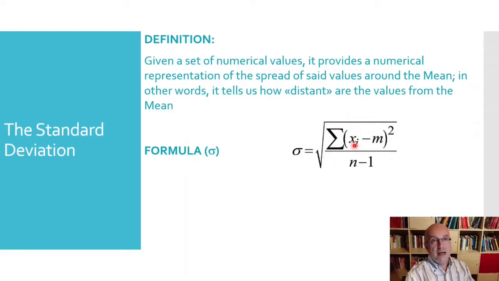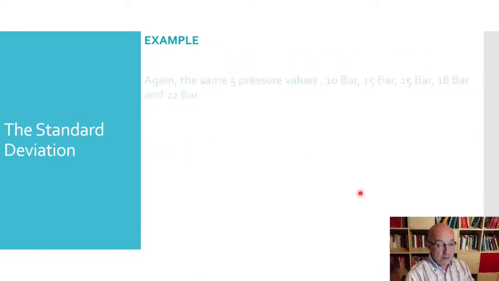There will be a number of square terms that must be summed all together, equal to the number of the values of the distribution, divided by the number of the values of the distribution minus 1. But let's go again to an easy example.